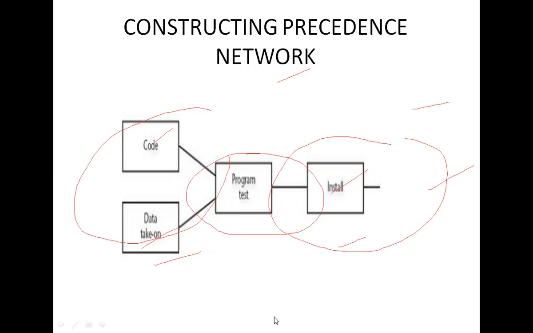In a precedence network, the nodes represent the activities and the lines between the nodes represent dependencies. These are the activities, and these are the dependencies. Next we move to the next topic.